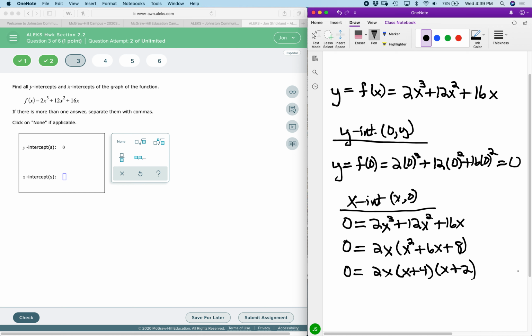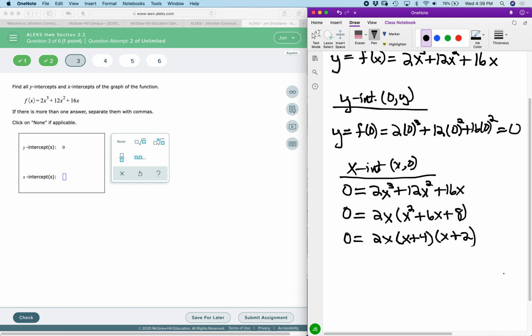And if I set each of the factors to 0, we have the factor 2x, and x plus 4, and x plus 2. For 2x equal to 0, I have x is equal to 0. For x plus 4, I have x equal to negative 4.